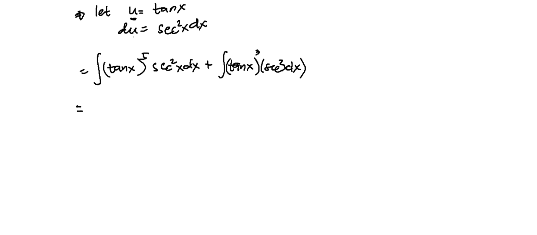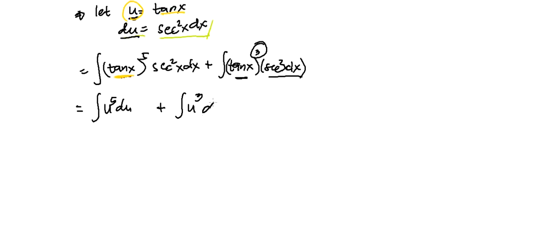Then by substituting the value of u, we have the integral of u raised to 5 du, since du is equal to secant squared x dx, plus the integral of u raised to 3 du.